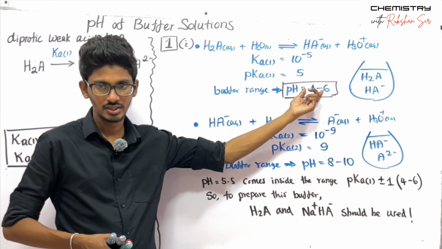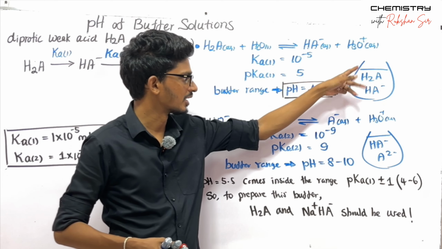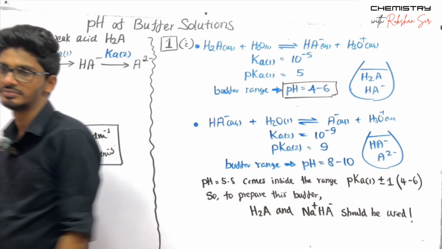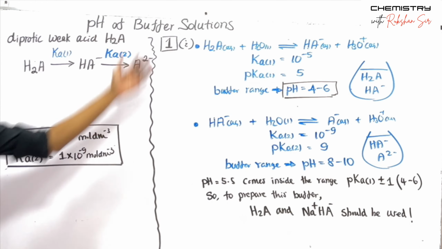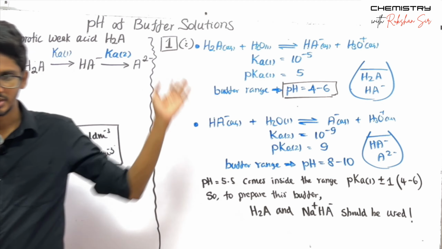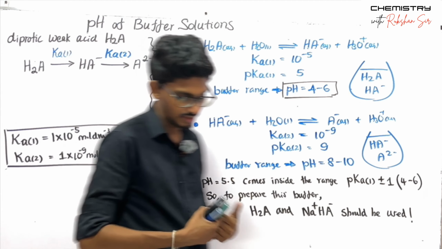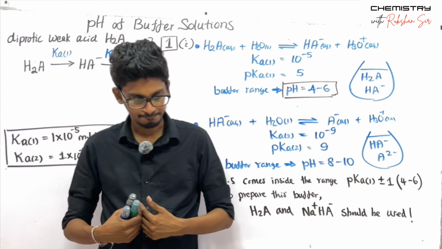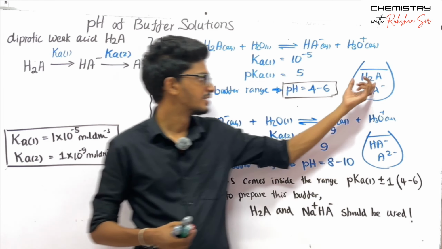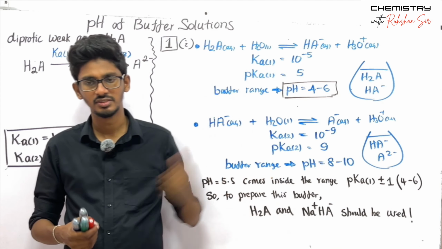So we have to use these two guys to prepare the pH 5.5 buffer. Right? So this is the answer for the Roman number 1. So just complete this and then we'll discuss the next one, which is what mole ratio should be added with these two guys to prepare the 5.5 buffer. So first just complete this one.